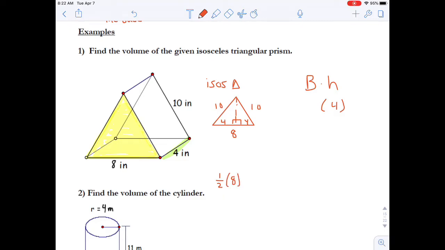So we got to find that height there using the Pythagorean theorem. So 4 squared plus x squared equals 10 squared. Trying to find this height here. That gives me x squared equals 84. It's 100 minus 16. Take the square root. That is x equals 2 root 21.